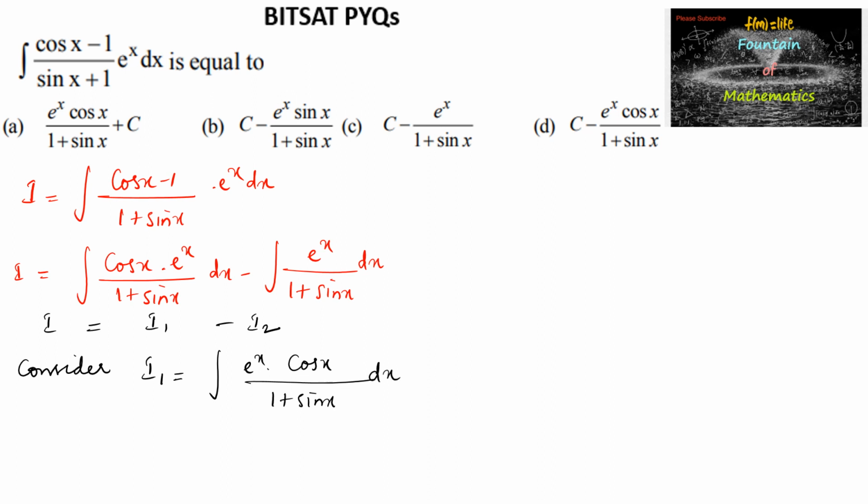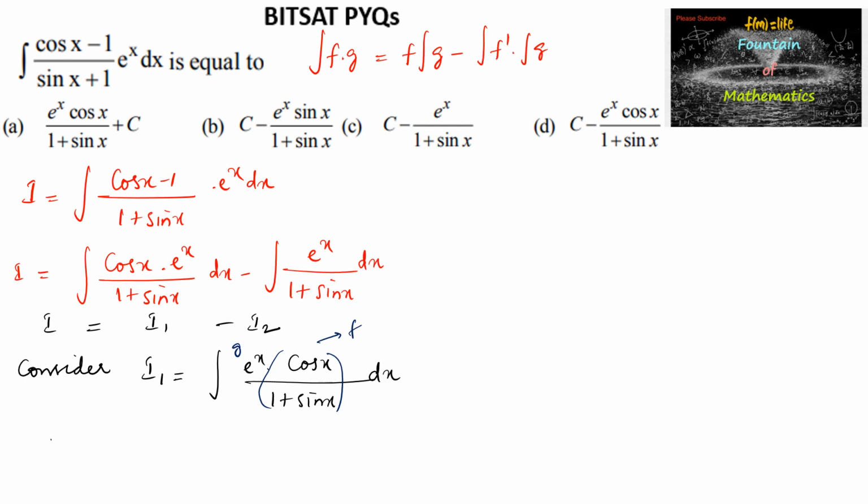Let us apply the by parts rule. So cos x upon 1 plus sin x is the first function and e power x is the second function. So we have integral fg is equal to f integral g minus integral of f dash into integral of g.